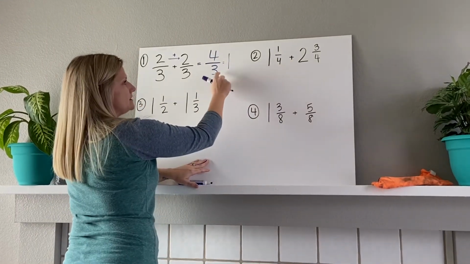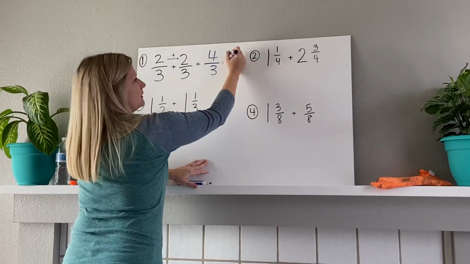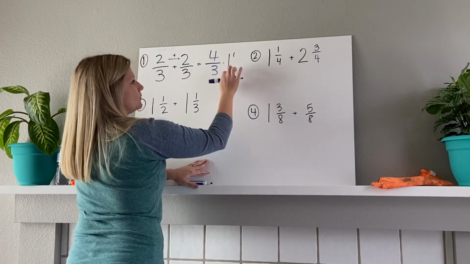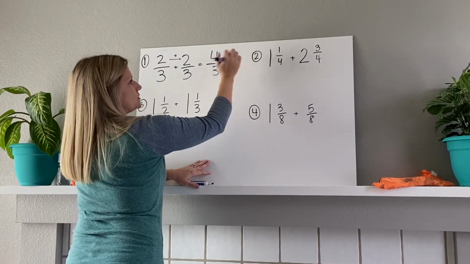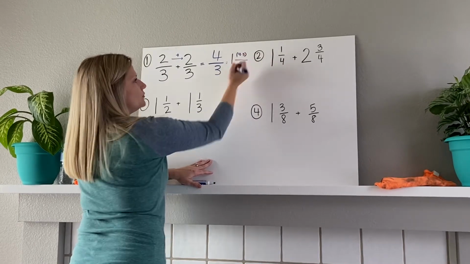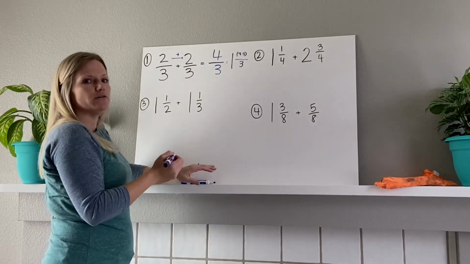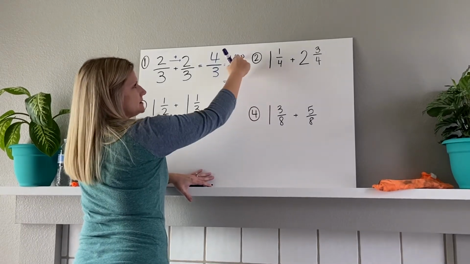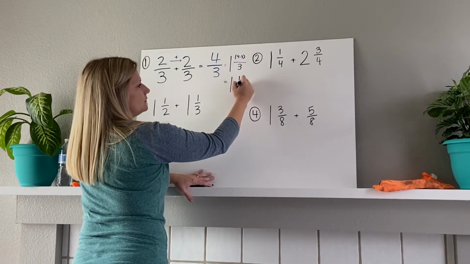So 1 times 3 is 3. Now, to figure out what your numerator is going to be, you're going to subtract 4 minus 3 to figure out what your numerator will be in your final answer. So that leaves us with 1, and 4 minus 3 is 1 over 3.